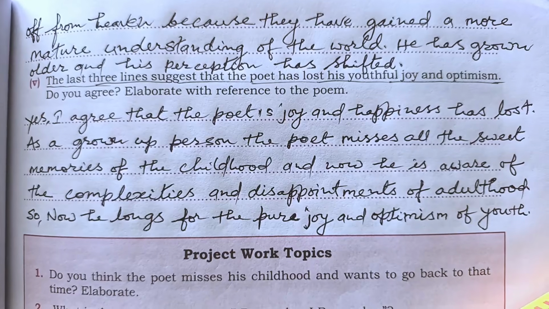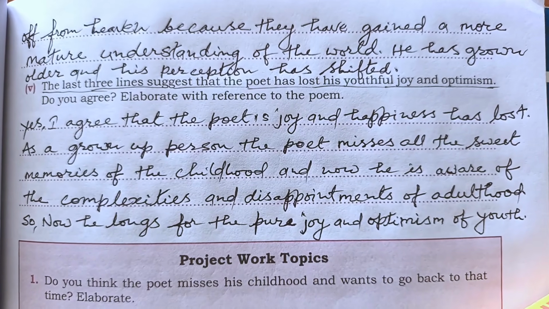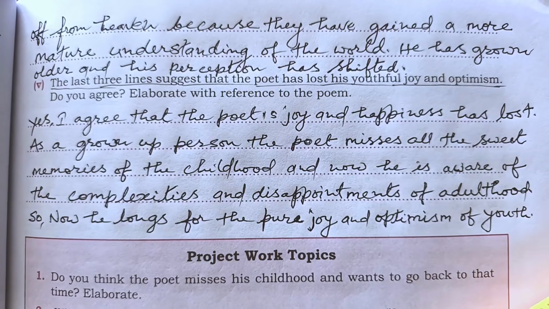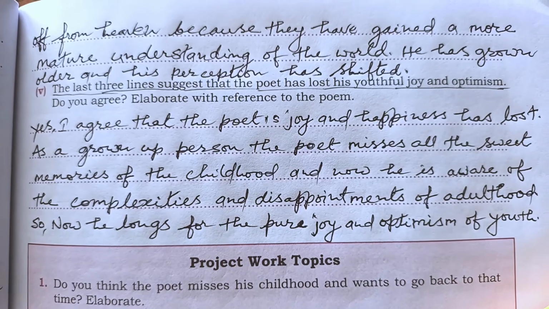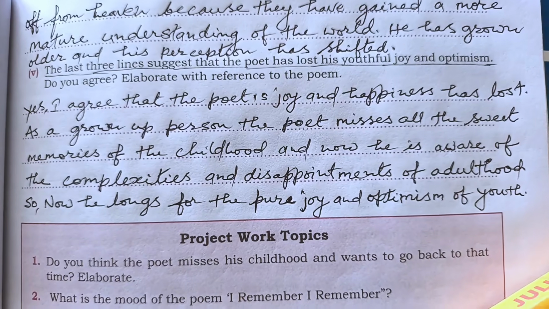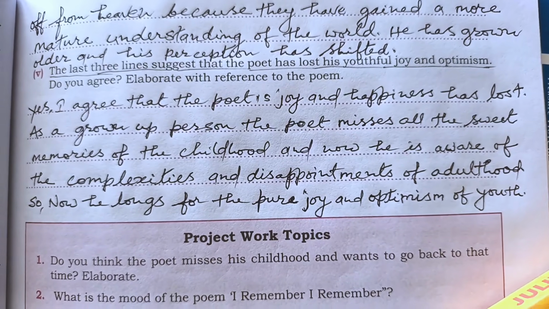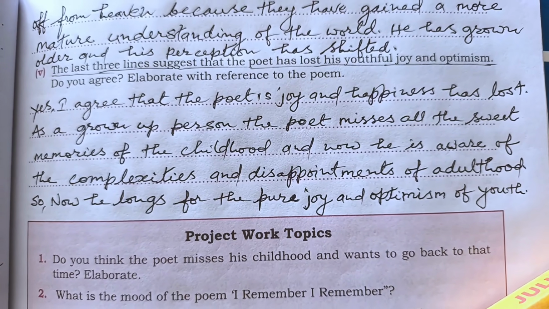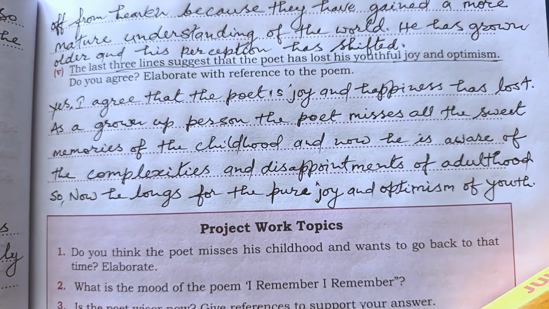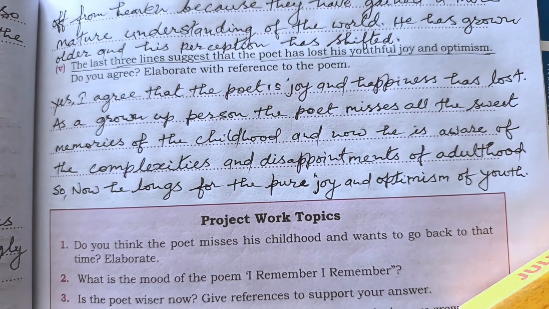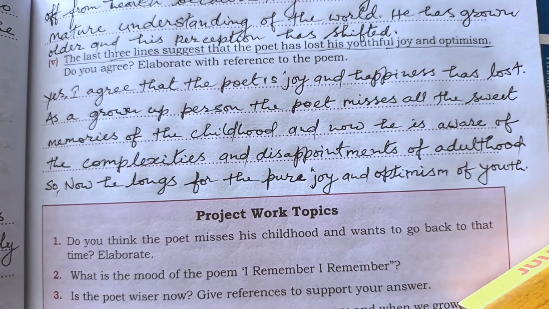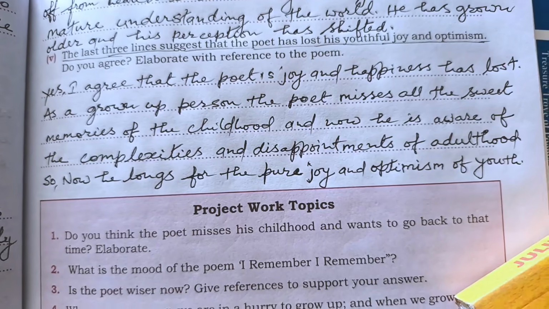Number 5, the last three lines suggest that the poet has lost his youthful joy and optimism. Do you agree? Elaborate with reference to the point. So the answer is, yes, I do agree that the poet's joy and happiness has diminished or been lost.